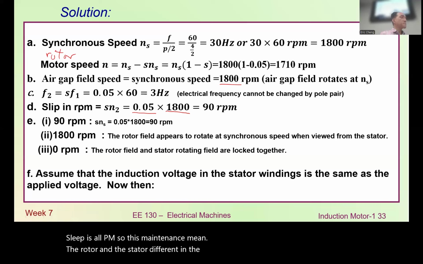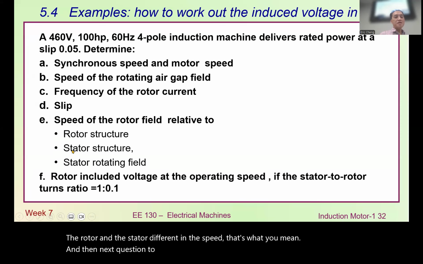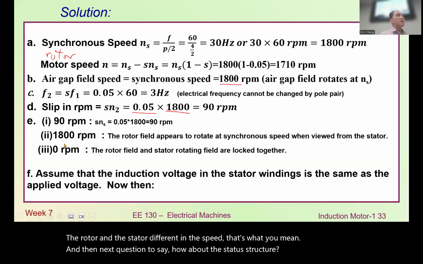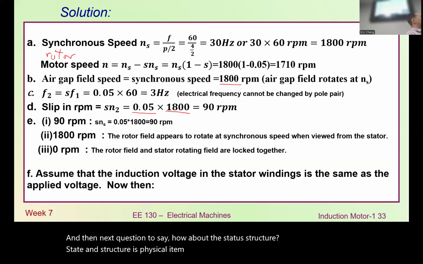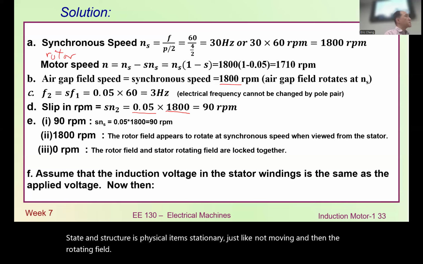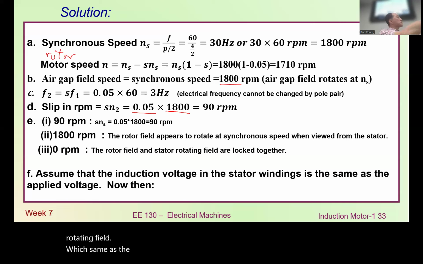That's what you mean. And then the next question: how about the stator structure? The stator structure is a physical item, stationary, not moving. And then the rotating field, which is the same as the rotor field, is also rotating.